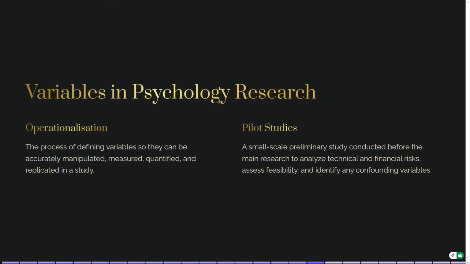Okay, so variables in psychology research, we have something called operationalization. This is how you are able to define your variable. For example, we are talking about memory. What do you mean by memory? What do you mean by coffee? For example, coffee might mean a sachet of maybe 30-gram coffee powder.